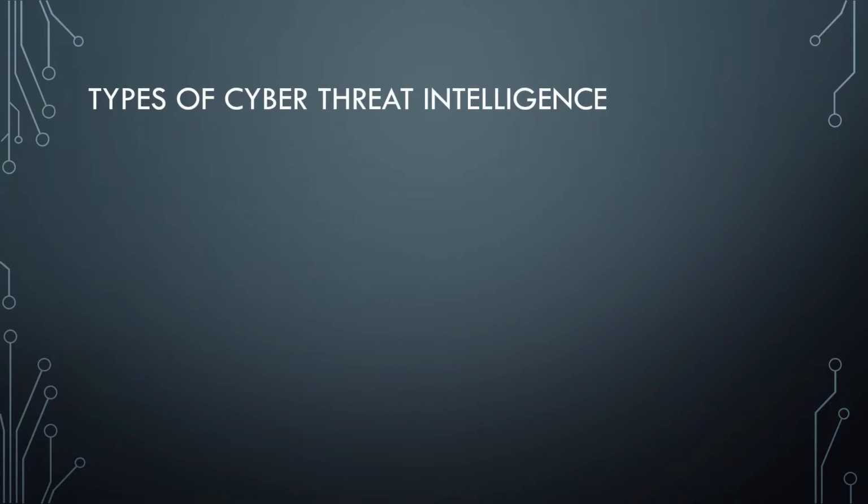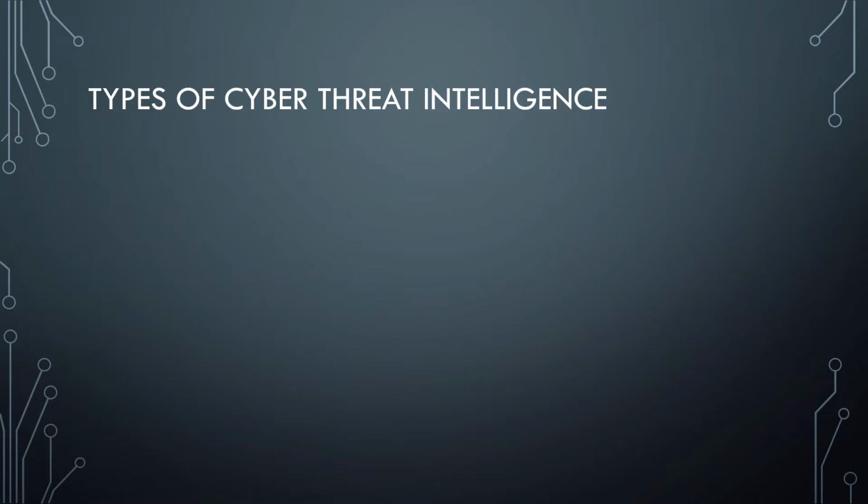Okay, and now we're going to talk about the types of cyber threat intelligence, the types of threat intelligence information that we get from the actors. So once we know our actors, our enemies, or our attackers, then we need to collect information about how we can attack them.